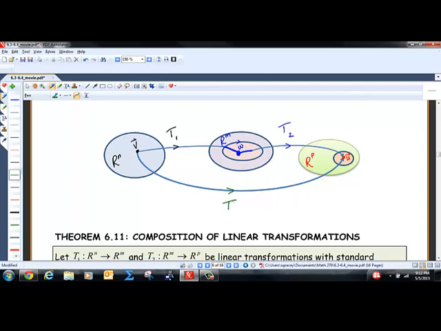So you've got this whole thing T is equal to T2, and then the operation is the composite, composed with T1, which by definition is going to give us T equal to T2 evaluated at T1 of V. Good.